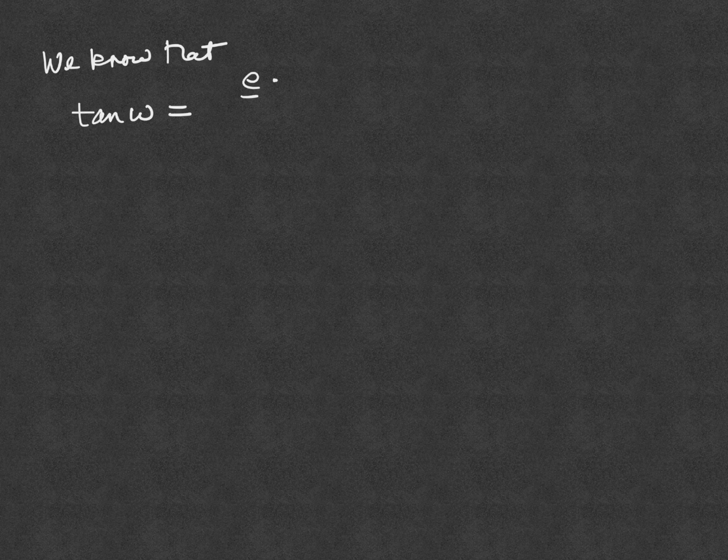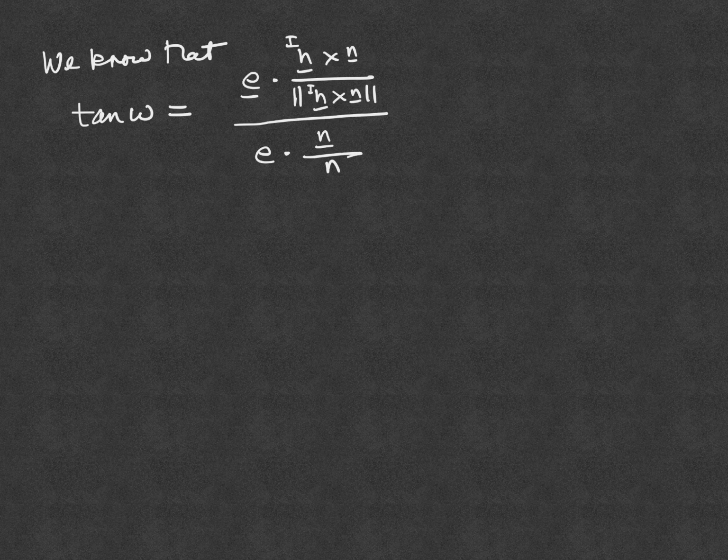So this has to equal E dotted with h crossed with n, all divided by the magnitude of h crossed with n, all divided by E dotted with n divided by its magnitude. The reason it has to look that way is because I have to take the scalar product with unit vectors. I can't take the scalar product with anything else, otherwise I won't get the correct components in sine and cosine.